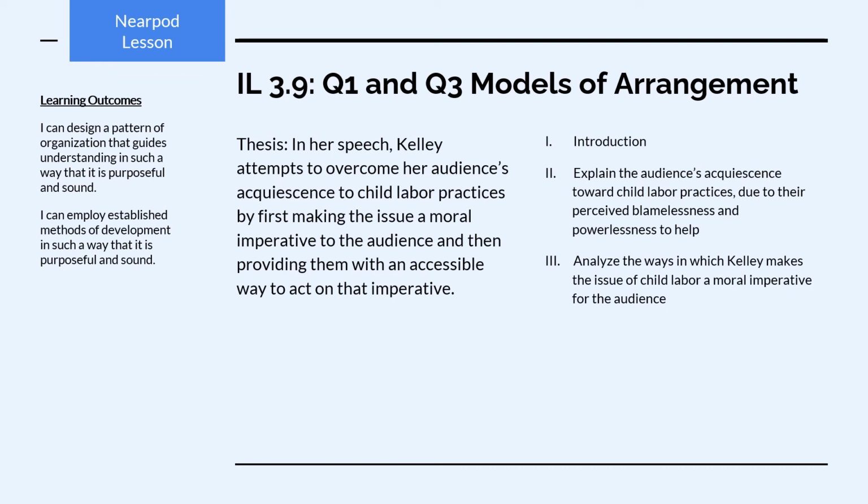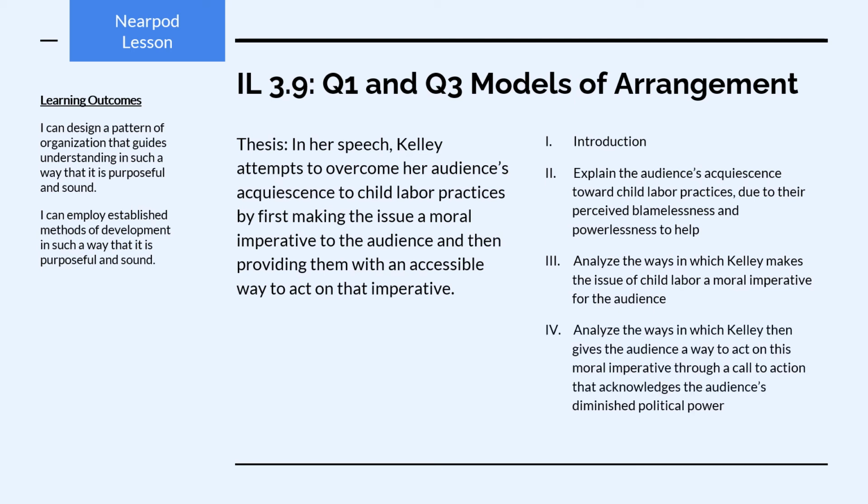In my third paragraph, I'd analyze the ways in which Kelly makes the issue of child labor a moral imperative for the audience. So not just something they should care about, but something that they are morally obligated to help end. And then with my fourth paragraph, I'm going to analyze the ways in which Kelly then gives the audience a way to act on this moral imperative through a call to action that actually acknowledges the audience's diminished political power.